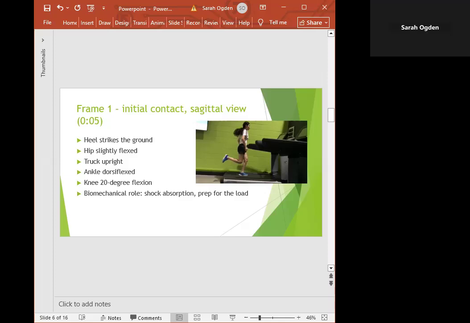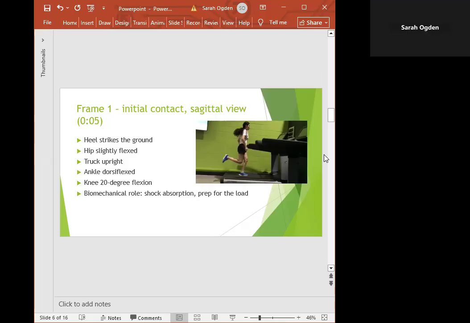Moving on to the frames that I have chosen, I have a screen capture of the runner in the video at the frame that I've chosen to analyze, as well as a timestamp of when that screen capture was taken. Here is the initial contact.